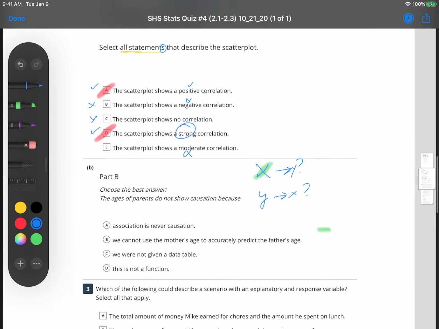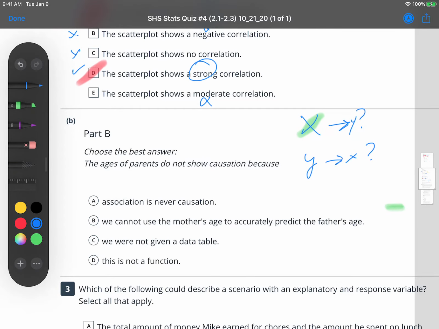You have choice A, association is never causation. That is true. We cannot use the mother's age to accurately predict the father's age. We haven't talked about predicting yet, but no. We were not given a data table. Well, we have the order of pairs, you can create one, but that's not it, and this is not a function, not important. The answer is A.